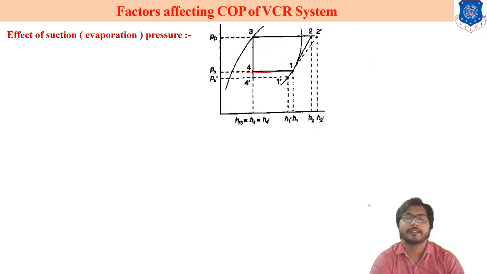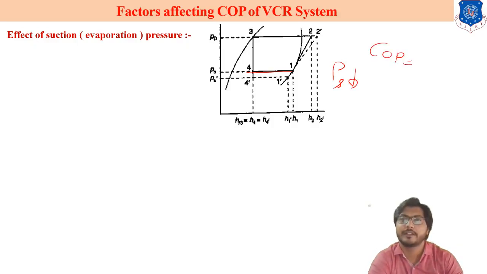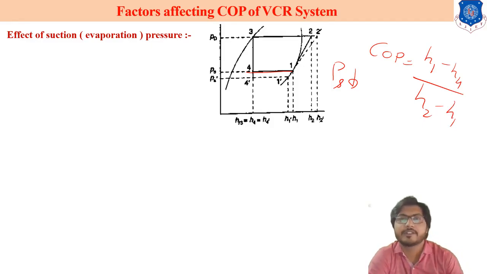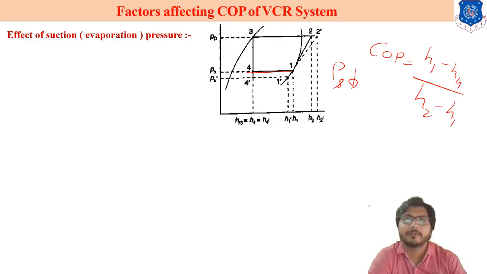Now suppose suction pressure is reduced. We know the COP formula is H1 minus H4 divided by H2 minus H1. If suction pressure is reduced, what happens? Point 4 is shifted downward and 1 is shifted here. So the value of H1 dash minus H4 dash is less compared to H1 minus H4.